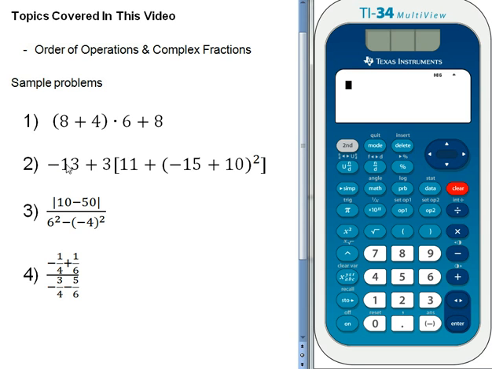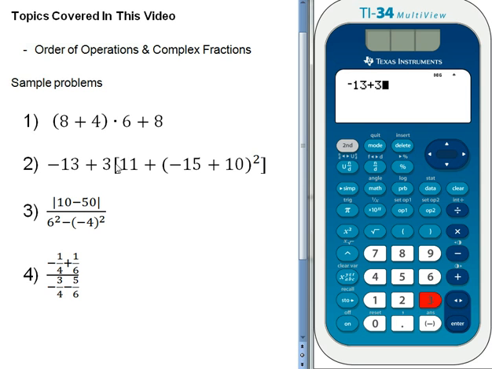So that's negative 13. And then over here, this is negative 15. And we want to make sure that we use the negative sign button, and not the subtraction sign, when we're trying to indicate that a number is negative. So we do negative 13 plus 3.